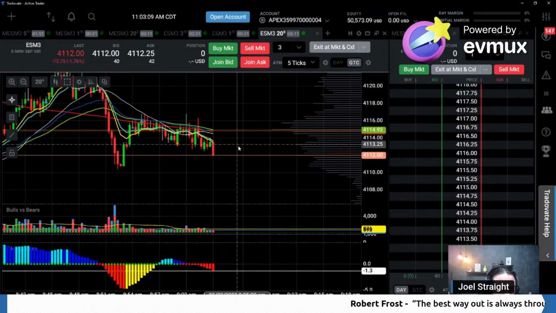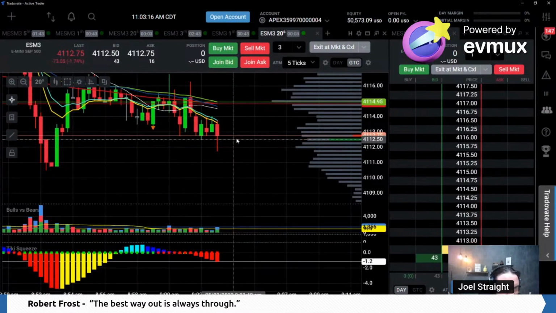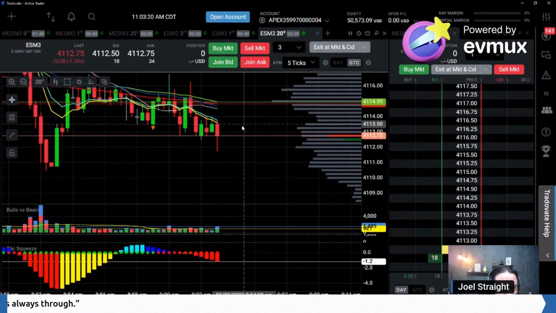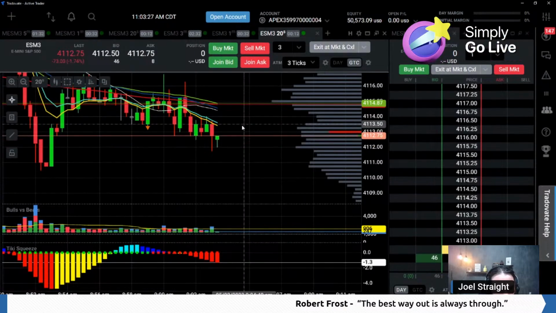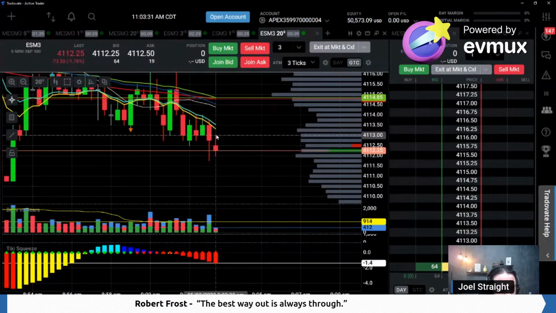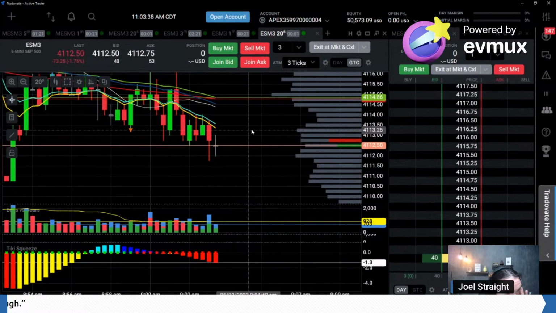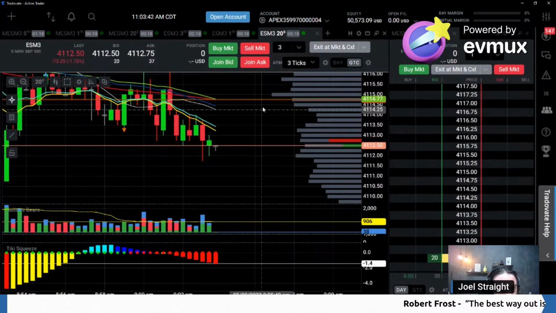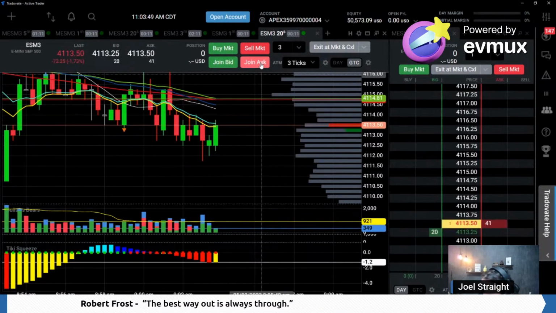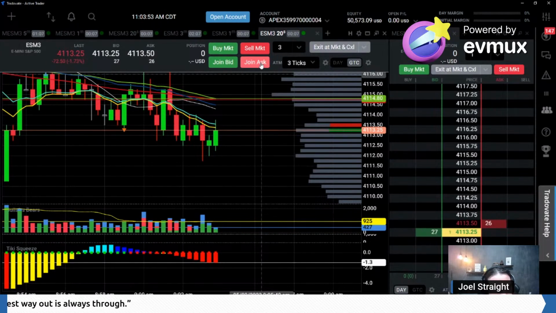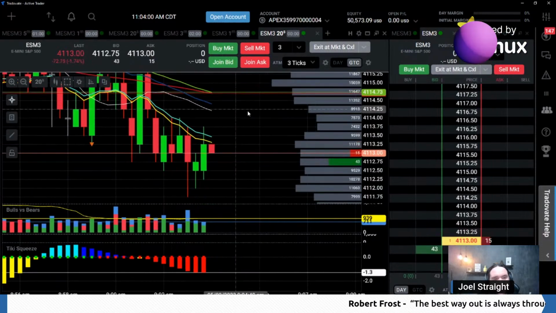It's looking more like shorts to me. A lot of rejections off the 9. The 50 and 200 are basically in the same zone.